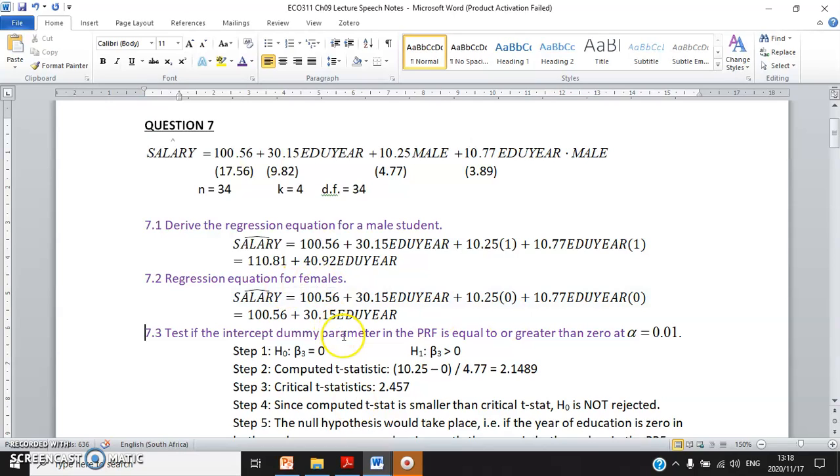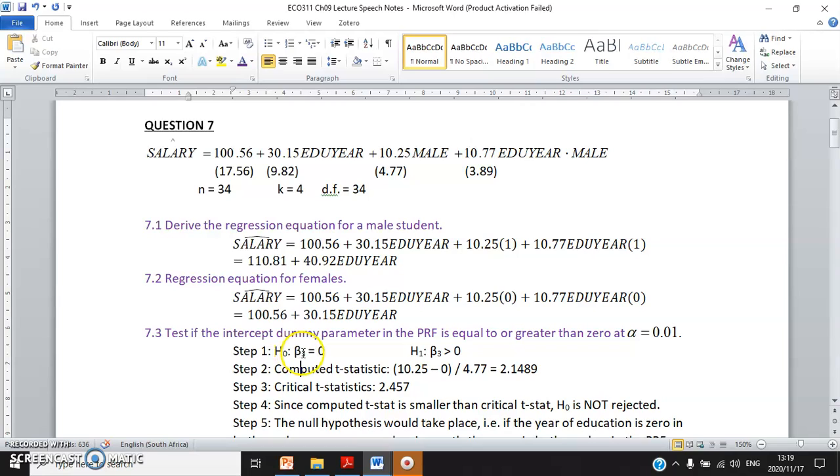We want to test the intercept dummy. In the PRF, is it equal to or greater than 0 at alpha equals 1%? In other words, I want to know would the intercept dummy feature in the PRF. So let's do the 5-step procedure. Step 1. Now I'm testing the true B3.